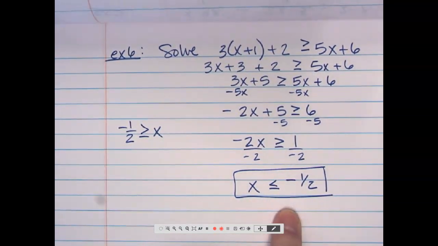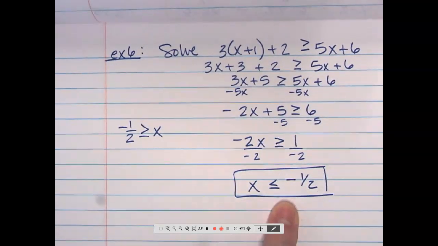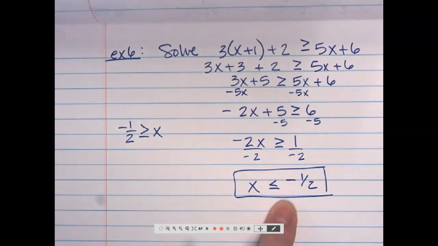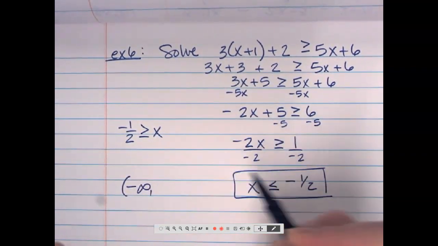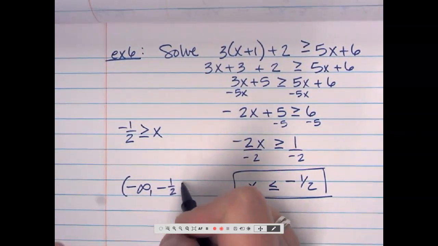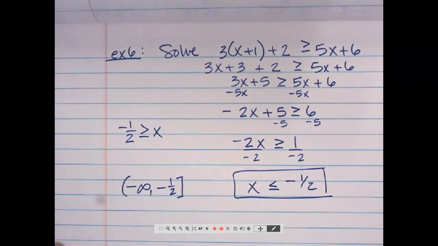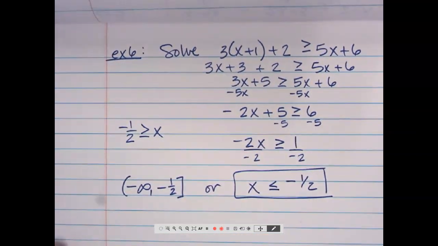Okay, so let's do the interval notation. What would this be in interval notation? X is less than or equal to negative 1/2. What's the smallest value of x that would make this true? Negative infinity. What is the largest? Negative 1/2. And because there's an equal to, then I will use a bracket there. Okay, so you could write your solution as either.